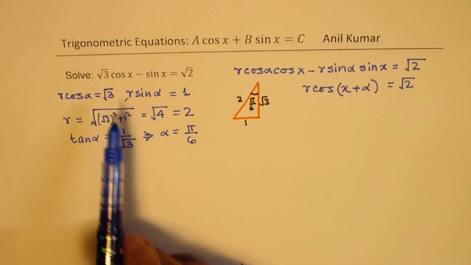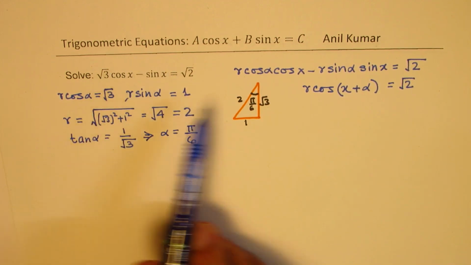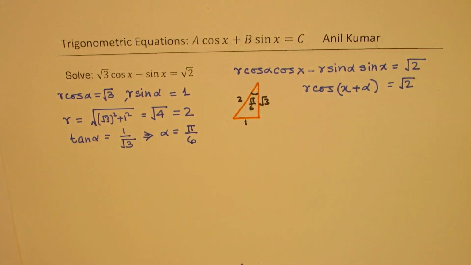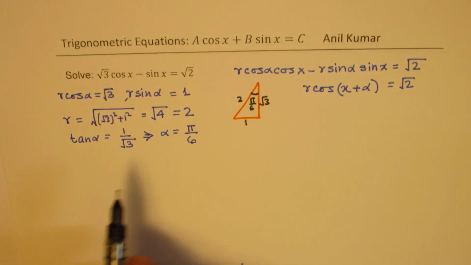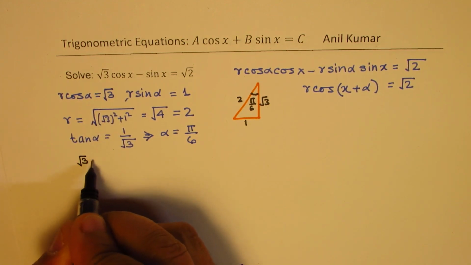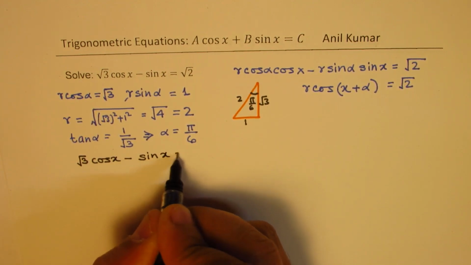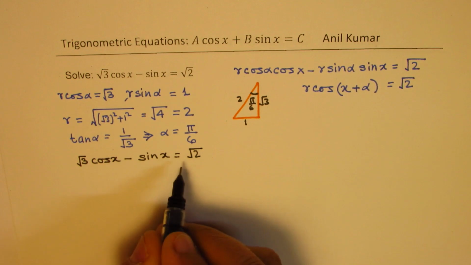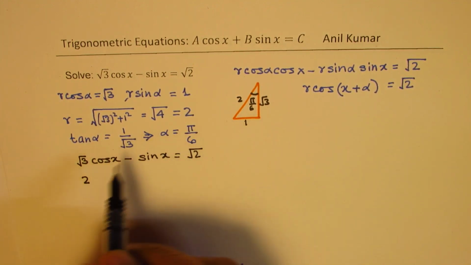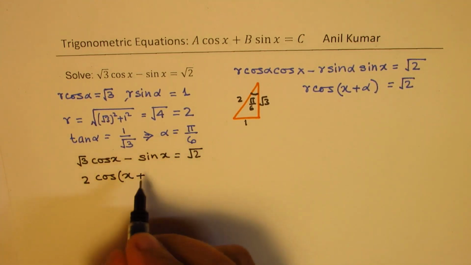Right? So now that is a substitution which helps us to reduce the left side in terms of just cos. Correct? So moving forward, we could write square root of 3 cos x minus sin x as equal to r value 2, cos of x plus alpha, which is pi by 6.